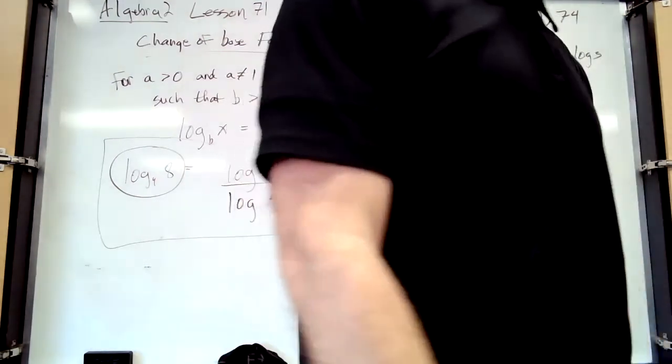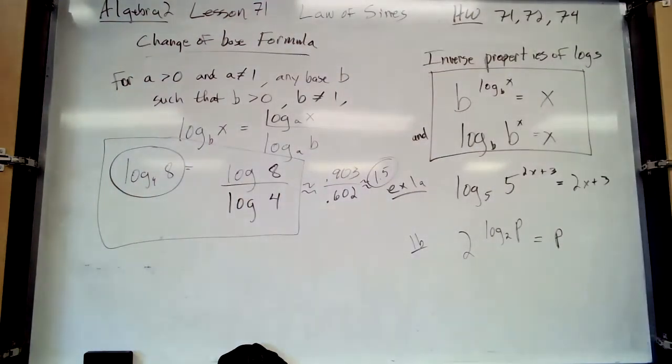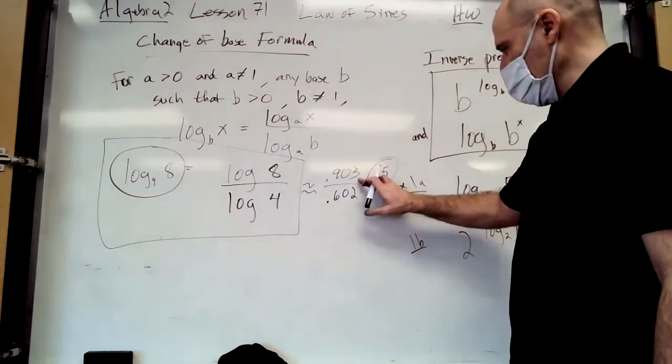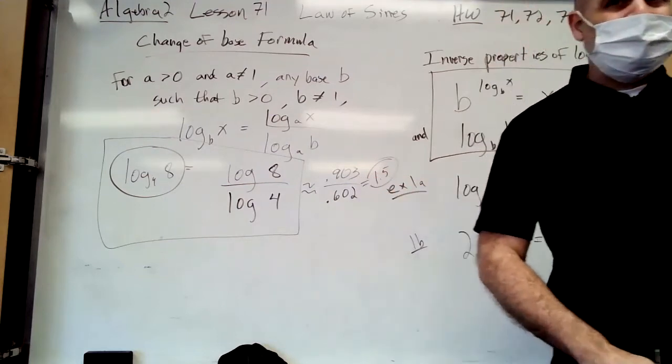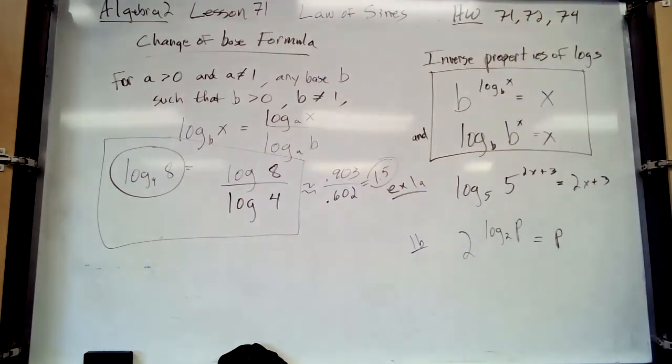Which kind of makes sense. Actually, it's not just approximately 1.5. What exponent do you apply to 4 to get 8? 3/2, because 4 to the 3/2 is 4 to the third, which is 64, square rooted, which is 8. So it's exactly 1.5.